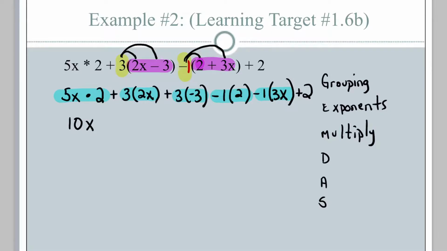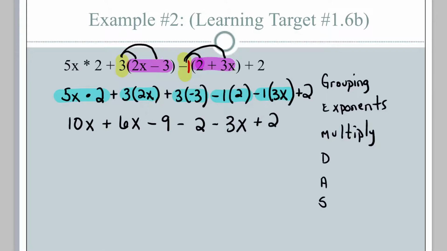We have 3 times 2x, so multiplying the 3 times the 2 is 6. The variable remains as is. Positive 3 times -3 is -9. -1 times 2 is -2. -1 times 3x is -3x.